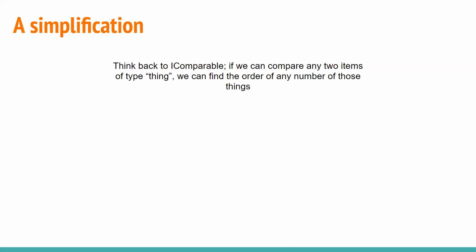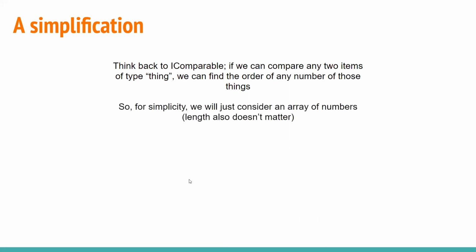We can define that they're either equal, the one is before the other, or the one is after the other. For simplicity, we are not going to consider those kinds of complex objects. The sorting algorithm is already complex enough, so we're going to focus on how the sorting algorithm works instead.